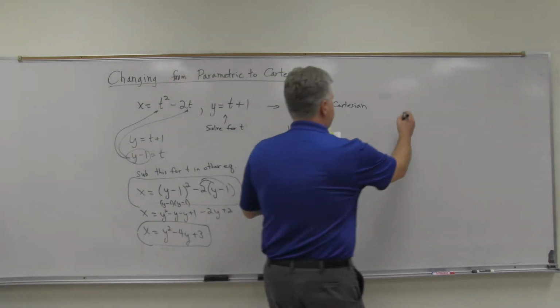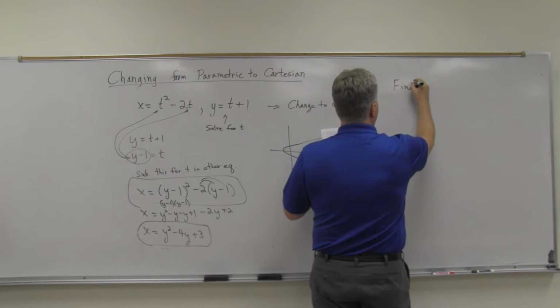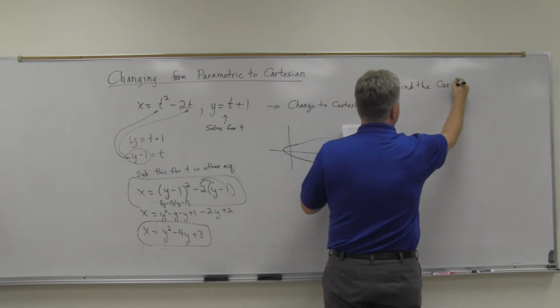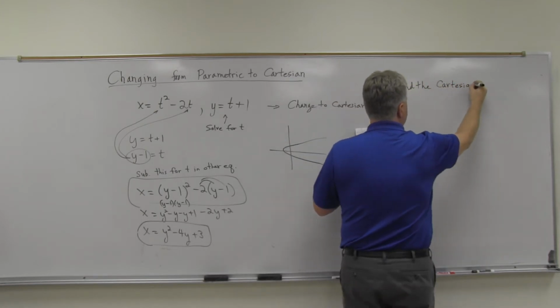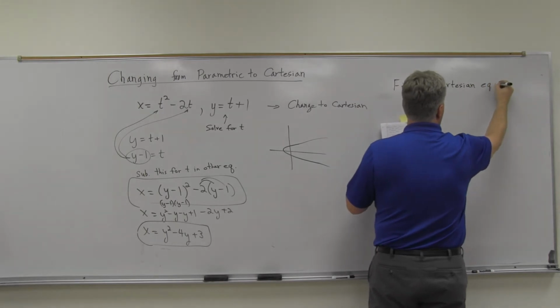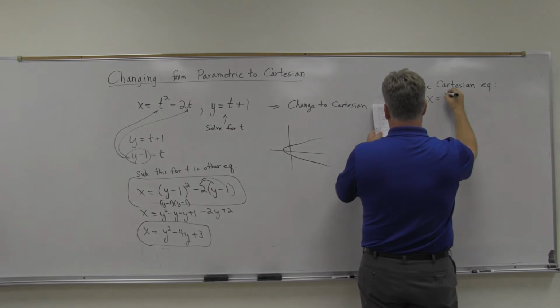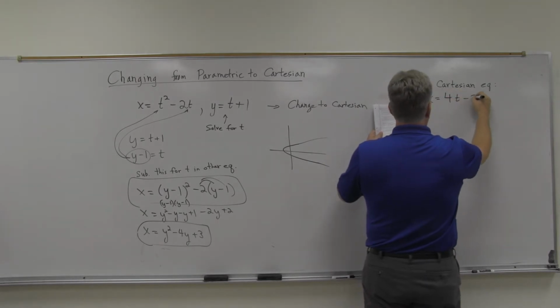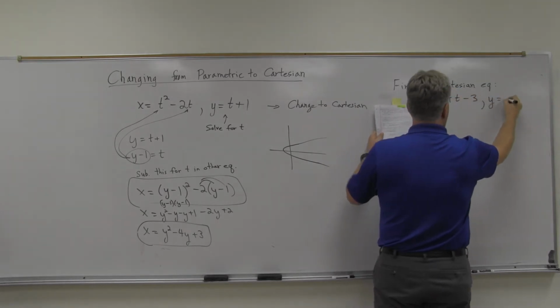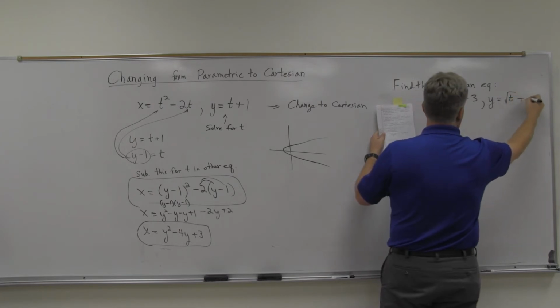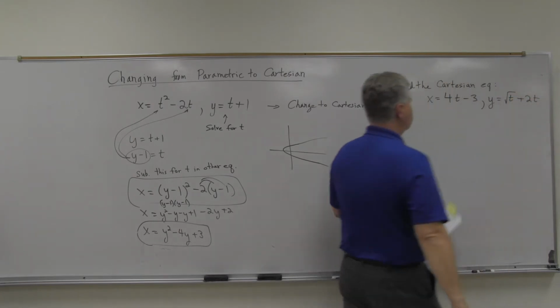All right, so same thing. Find the Cartesian equation. We're going to do x equals 4t minus 3, y equals the square root of t plus 2t.